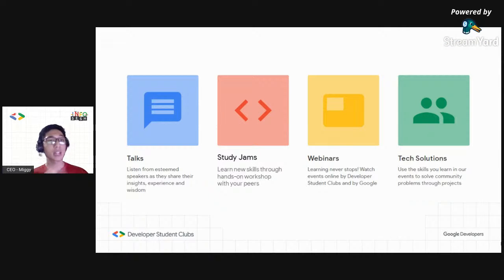So there are various things that we're going to, of course, do in our organization. This is more of a general overview lang naman. So of course, we would have talks. We would listen to various esteemed speakers from the industry, and they would share their insights, experiences, and wisdom in terms of a particular topic.